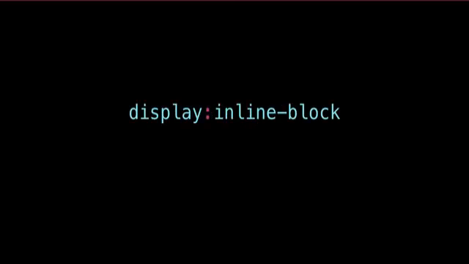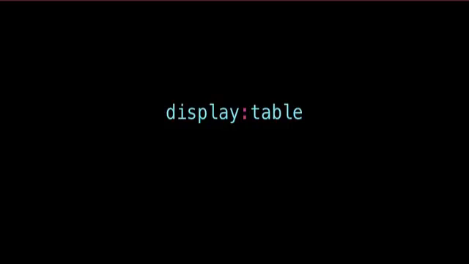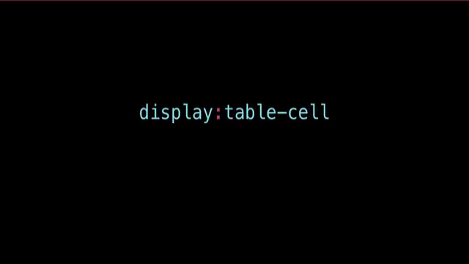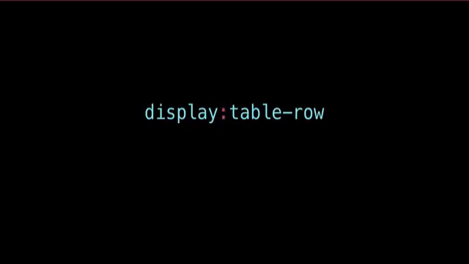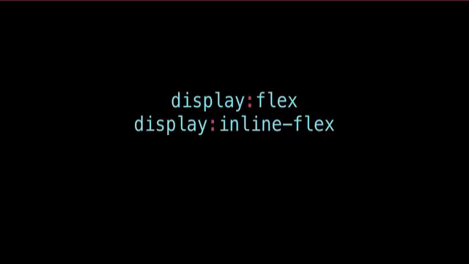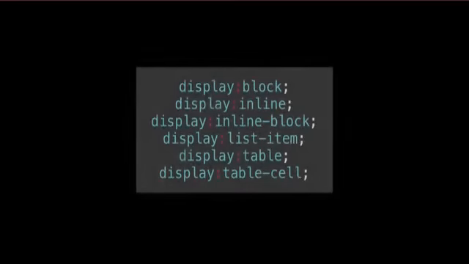There's also inline-block, table, inline-table, table-cell, table-column-group, table-footer-group, table-header-group, table-row-group, list-item, run-in, and new layout modes like flex, inline-flex, grid, and inline-grid. It would take too long to look at all of these, so let's take a selection of the most commonly used.